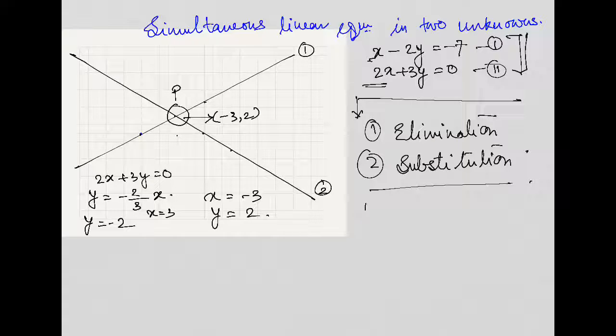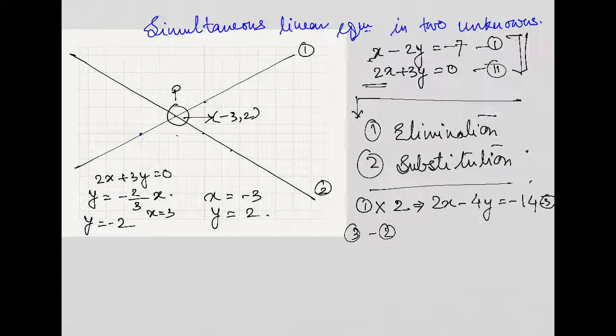Doing the same thing for the elimination method, multiplying 1 with 2, I am having a third equation, 2x minus 4y equals minus 14, and I am marking it as my third equation. Now I am doing 3 minus 2.